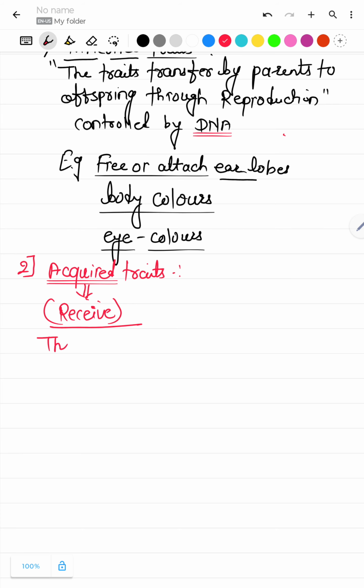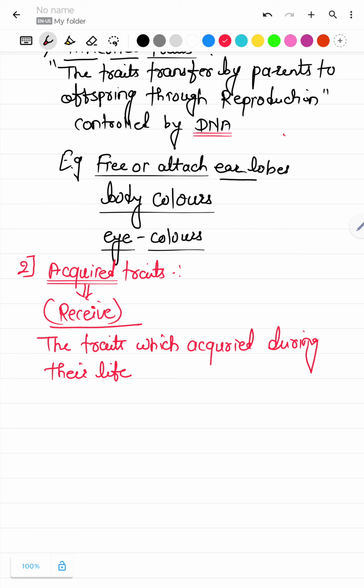So what do we write as the definition? The trait which is acquired during their life. For example, the individual is singing, dancing, playing, or various activities or qualities they achieve or learn.